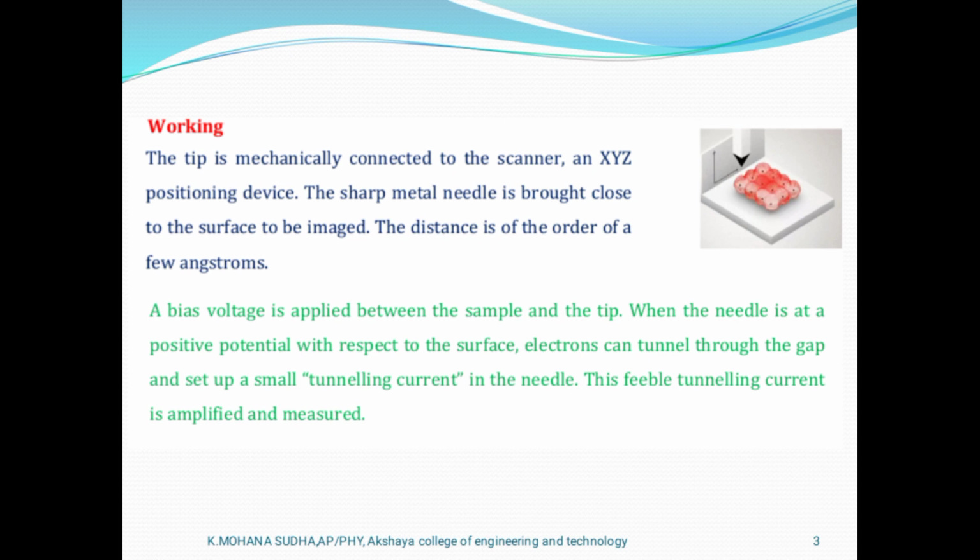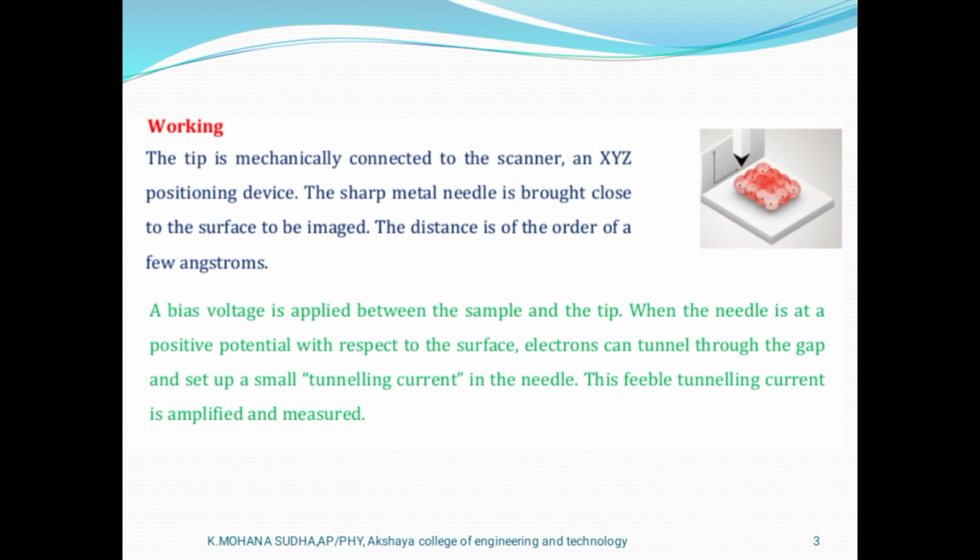It is found that the current increases or decreases based on the distance between the tip of the probe and the sample. The current in the circuit should be monitored so that it is maintained constant. Therefore, to maintain the constant current, the distance d between the tip and the sample should be continuously adjusted whenever the tip moves over the surface of the sample. The height fluctuation between the tip and the sample is accurately recorded, and as a result, a map of bumps is obtained in the computer.